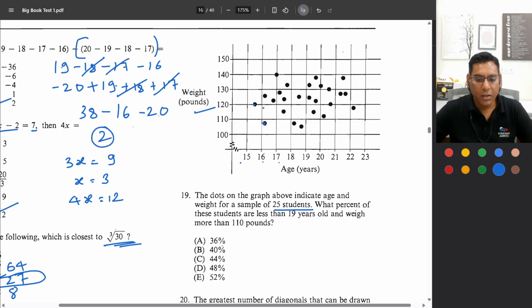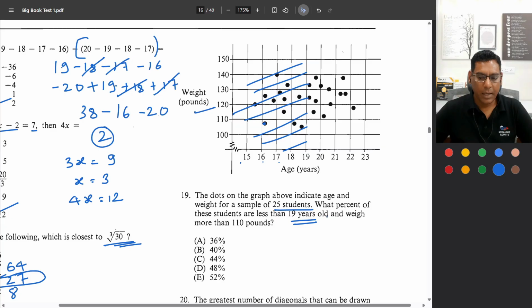Let's calculate. I'm sure they are going to be 25, but just to verify, 1, 2, 3, 4, 5, 6, 7, 8, 9, 10, 11, 12, 13, 14, 15, 16, 17, 18, 19, 20, 21, 22, 23, 24, 25. I think I may have counted one more, but yeah, this is 25. What percentage of the students are less than 19 years old and more than 110 pounds? Less than 19, that means I need these guys.